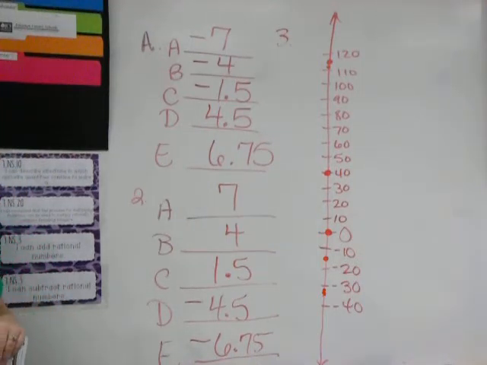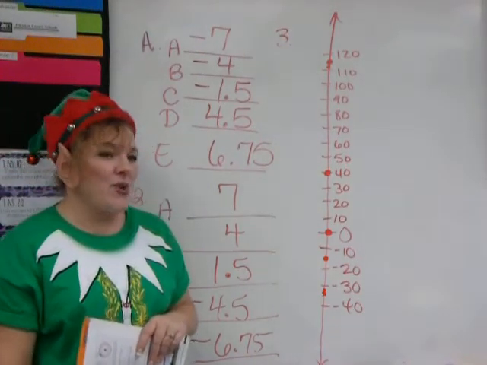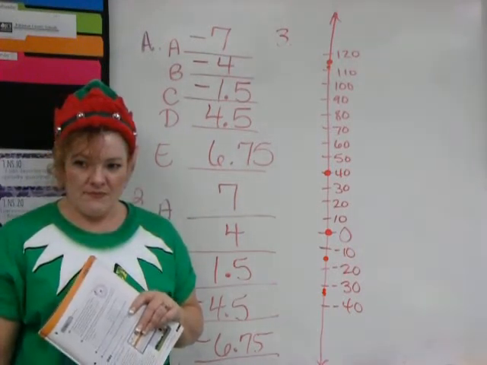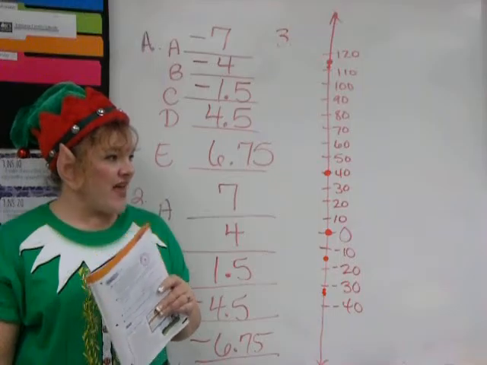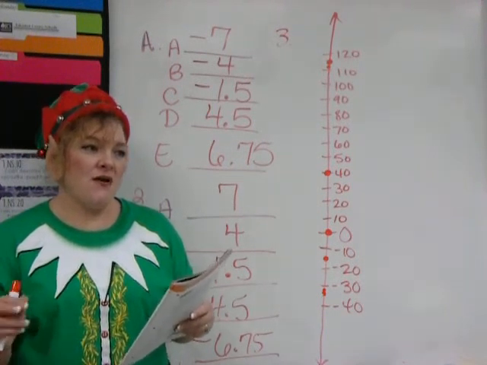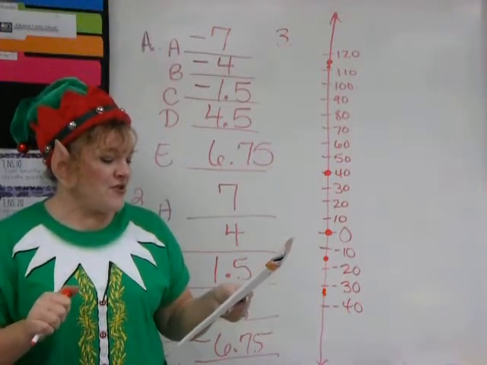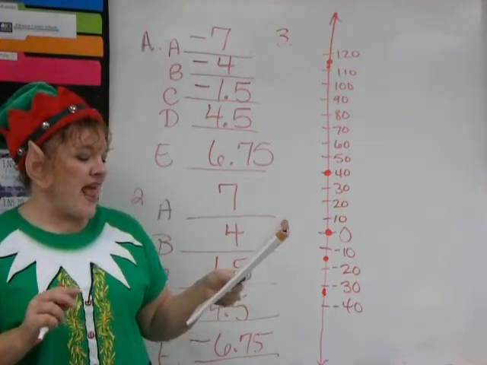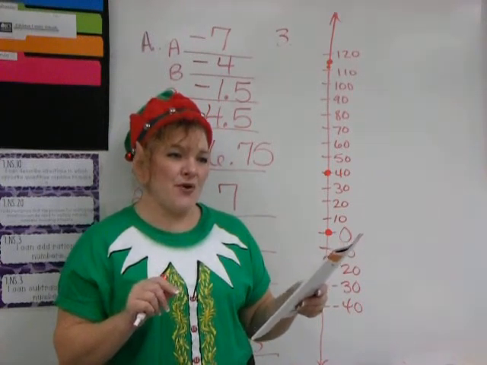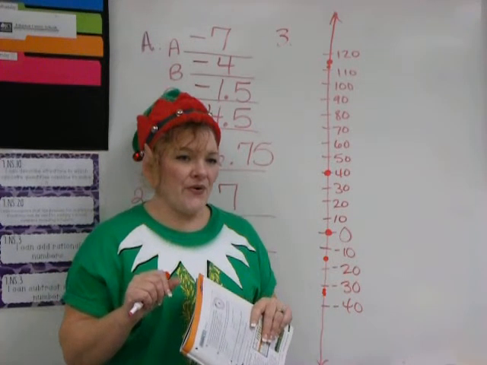So this is where your point should be on your vertical number line when looking at the temperatures in number 3. Any questions about that one? Number 4. How do the number lines from 1 and 3 help you find which of those two numbers is greater?